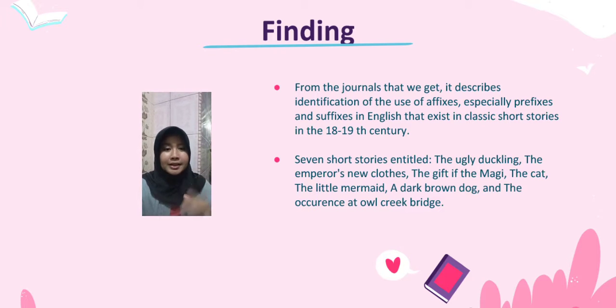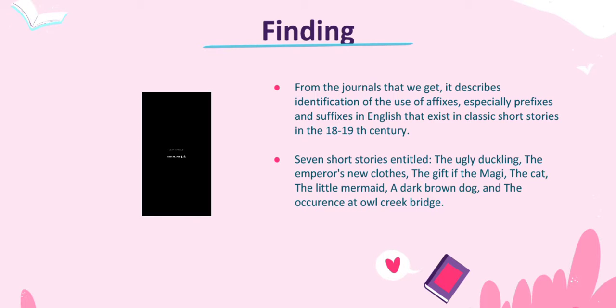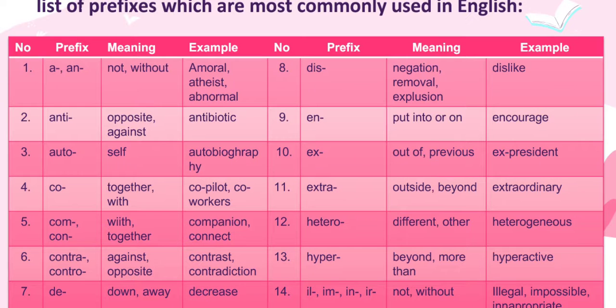But before identifying what suffixes and prefixes are in the stories above, here we have a list of prefixes and suffixes from this journal that are most commonly used in English. There are a lot of prefixes and their meanings. Then in the table, we also add examples because they are not available in the journal.